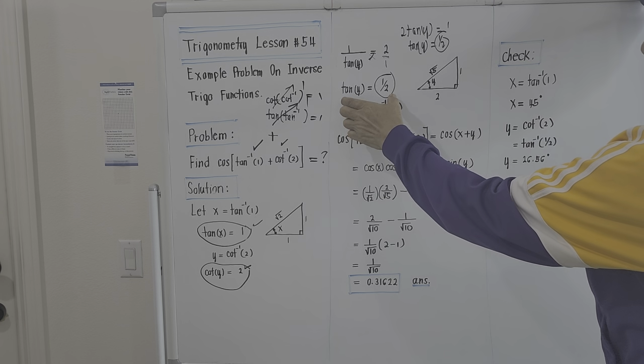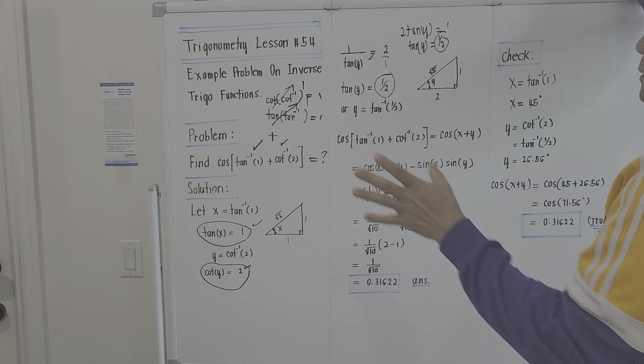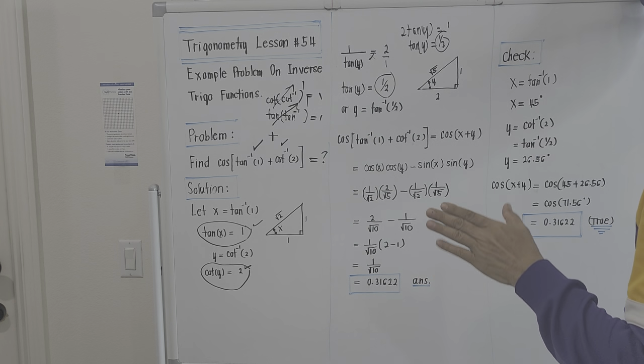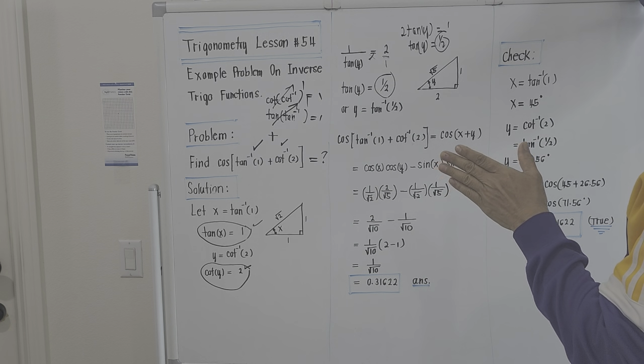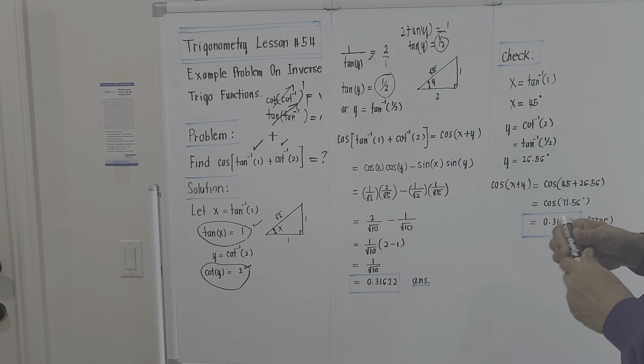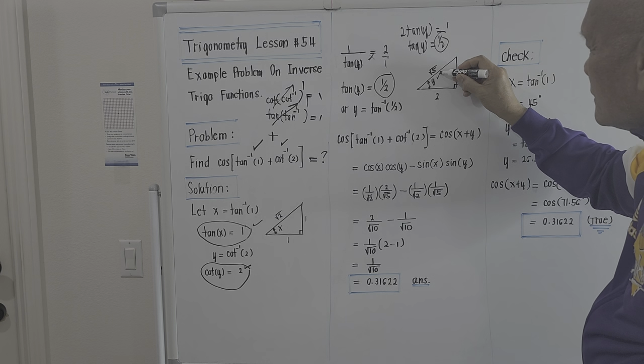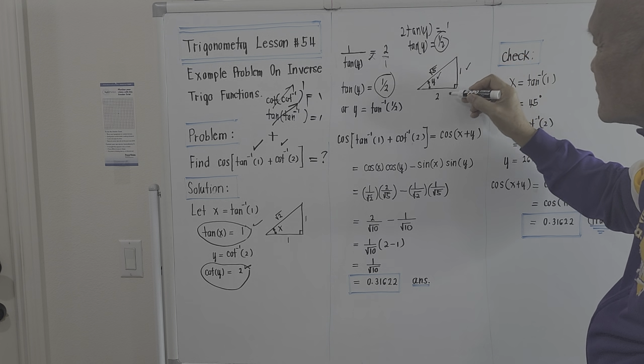From this resulting relation, we could draw a right triangle in which the value of the tangent of the angle y will be 1/2. If this is angle y, this should be the opposite side, and this is the adjacent side.